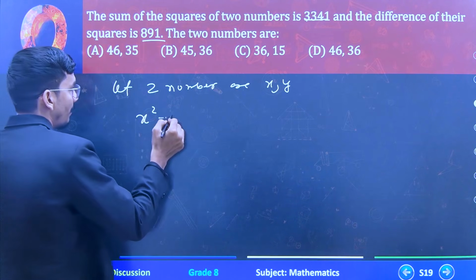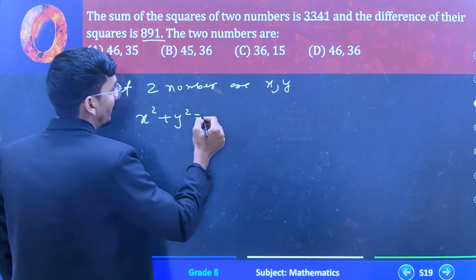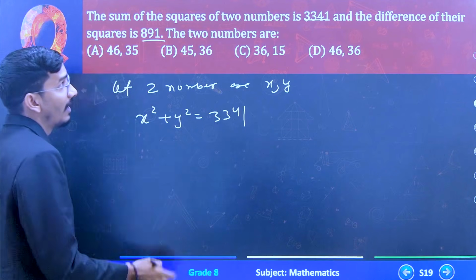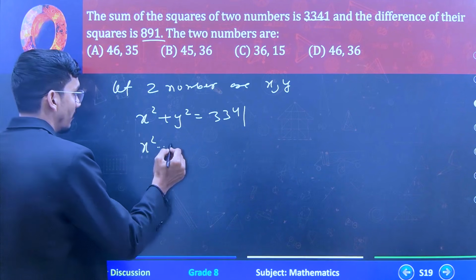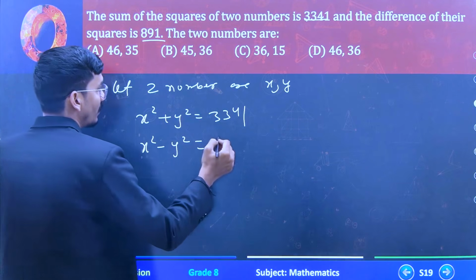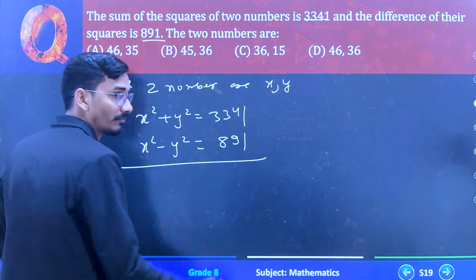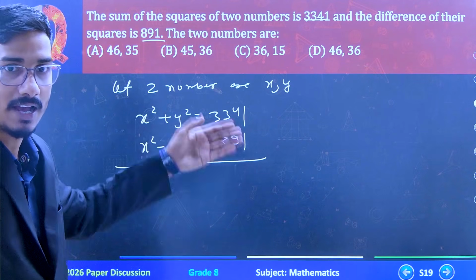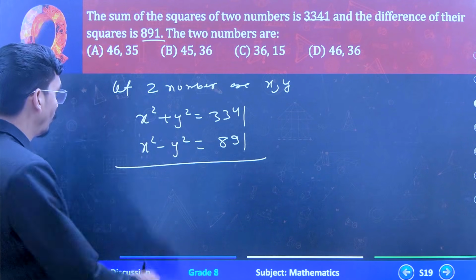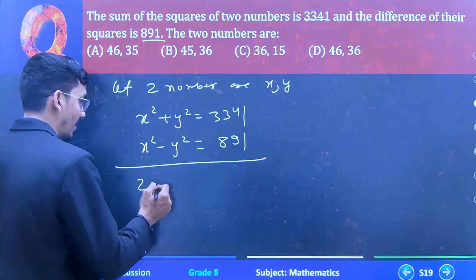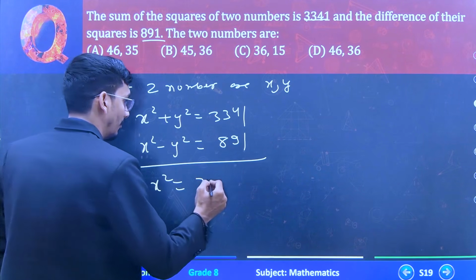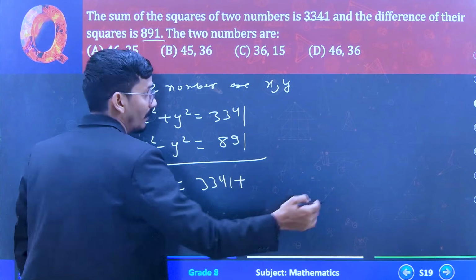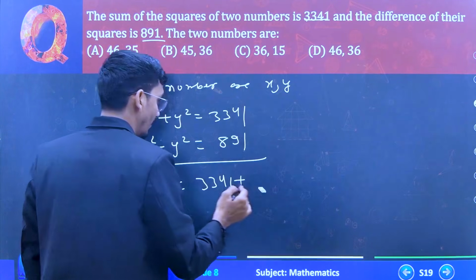So x square plus y square is 3341 and the difference is given as 891. Now I'm just adding these equations. So y square cancels. So 2x square equals what? 3341 plus 891.